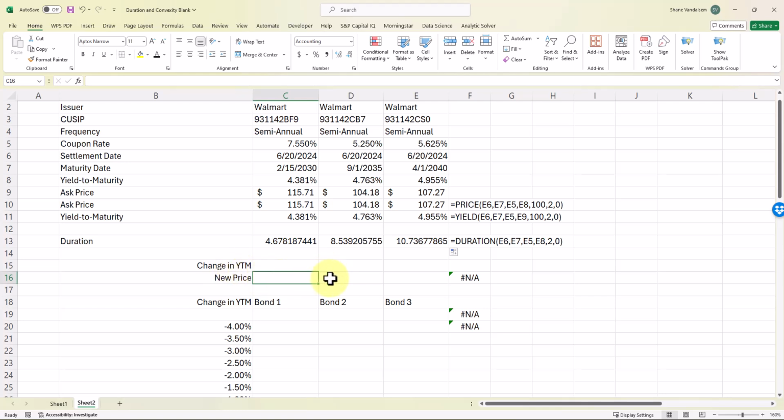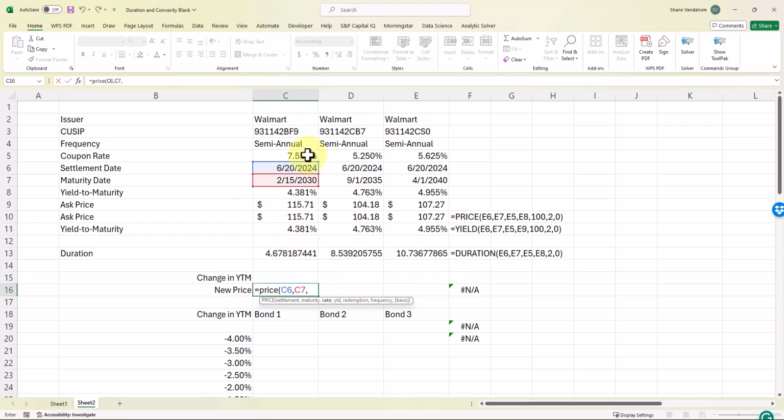So I'm going to put in here equals price. The settlement is going to be the same. The maturity is going to be the same as what we had before. The rate is the coupon rate. Here's where we're going to make a change.